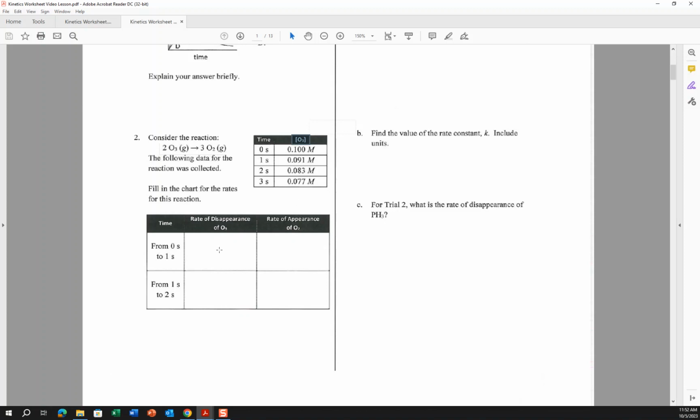Okay, and so from this data, we just want to get the rates of disappearance for O3 and the rate of appearance for O2. So the first thing I'm going to do is, because the data gave me directly what was going on with O3, I'll figure out the rates of disappearance for O3. And then once I have the rates of disappearance for O3, all I have to do is multiply by the ratio, 3/2, to get the rate of appearance of oxygen.